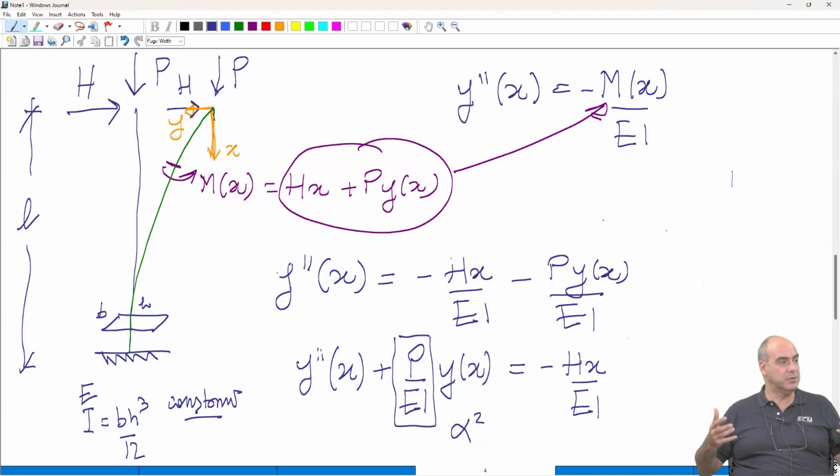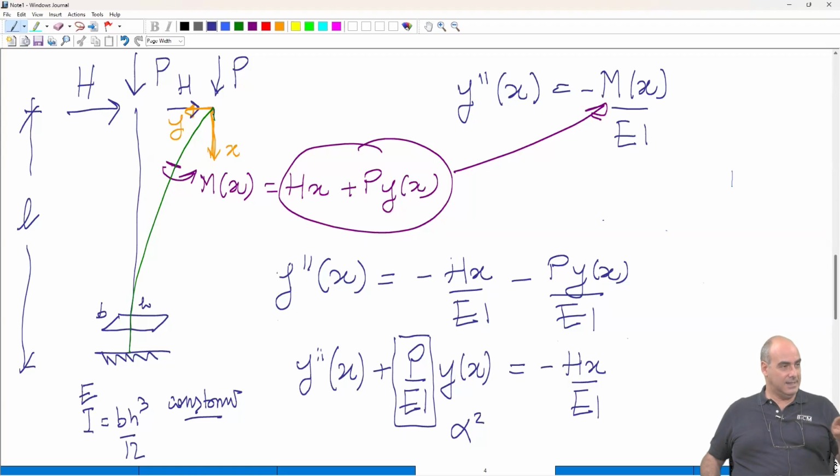What shall we impose at x equal to 0 and at x equal to L? Displacement is 0 where? At x equal to L, you say displacement is equal to 0, and the second boundary condition? The slope, the rotation is 0.